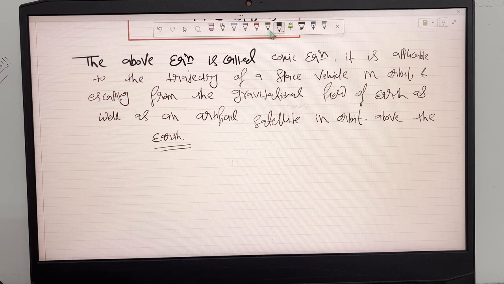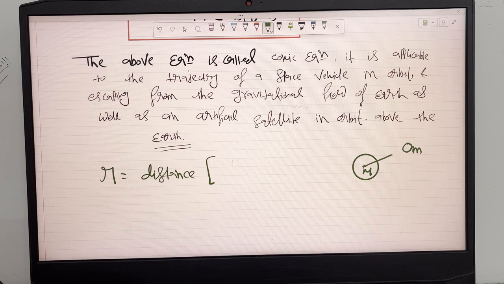So here r is your distance. Okay, see, this is very important. Let's suppose this is your Earth surface, like it is your Earth, and this is some small m. Okay, this is your r. So from here to here, this is your radius of Earth, and from here to here is your height.